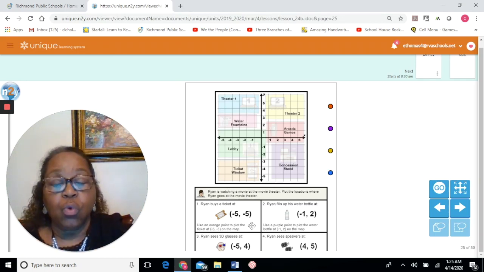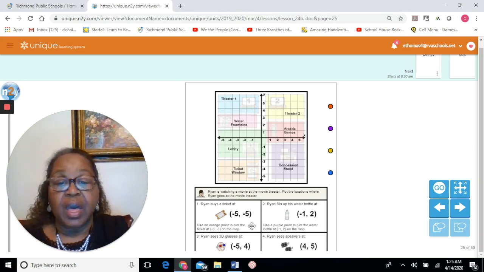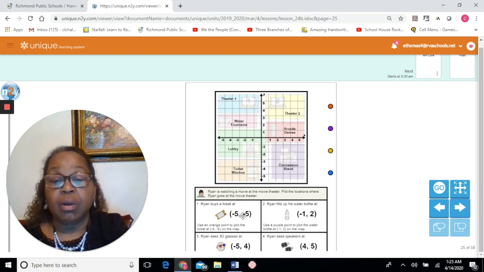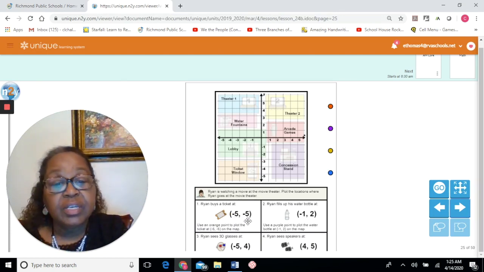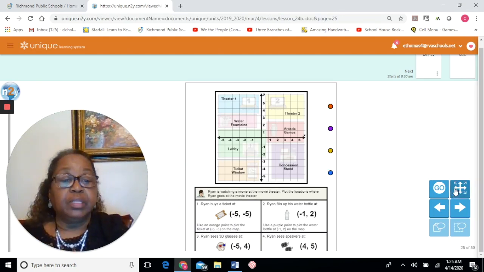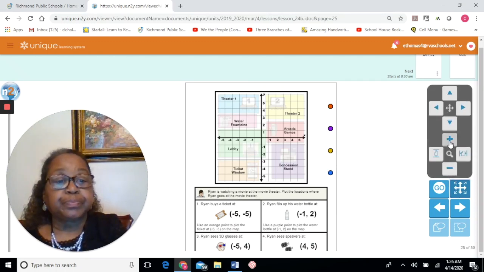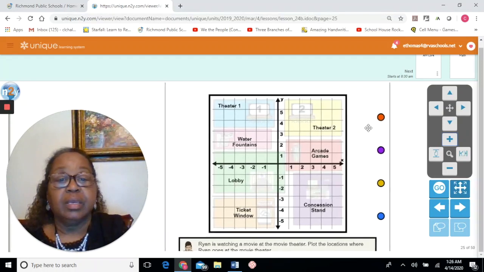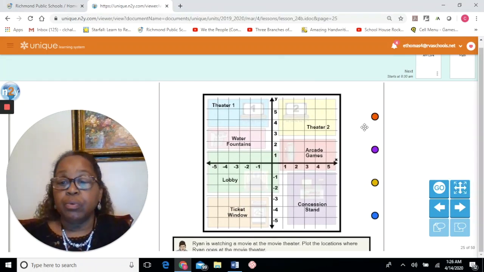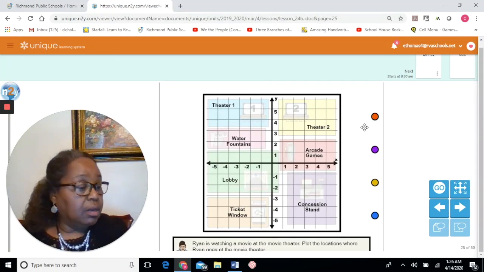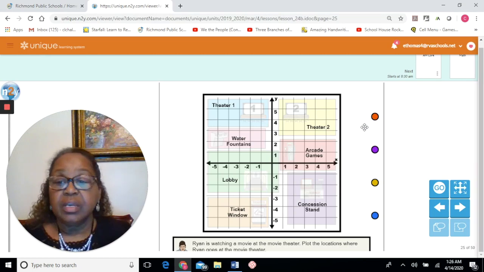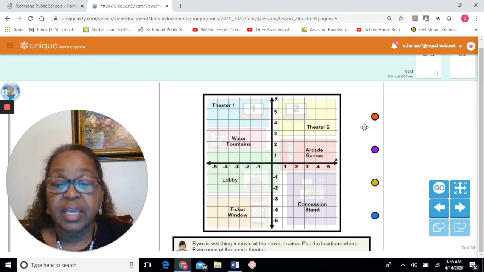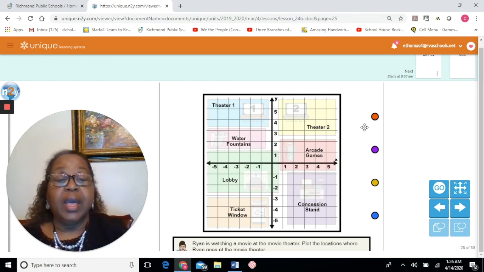Our first ordered pair is -5, -5. I'm going to make this map a little bit bigger. See if we can get it. All right, I'll tell you what the points are, and let's see if we can get it correct. The first point is -5 on the x-axis and -5 on the y-axis.